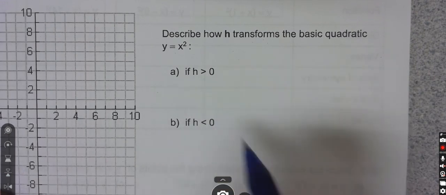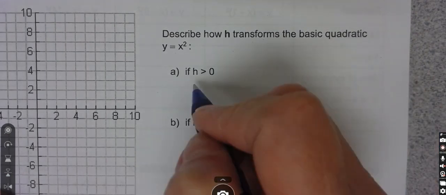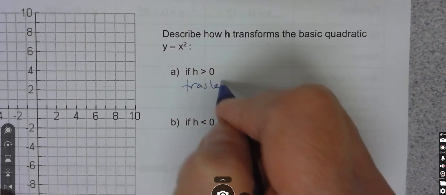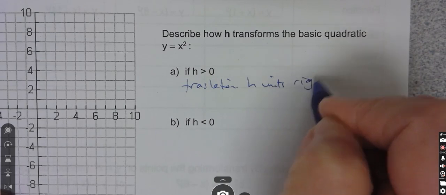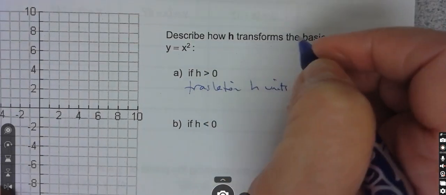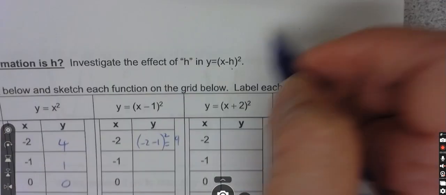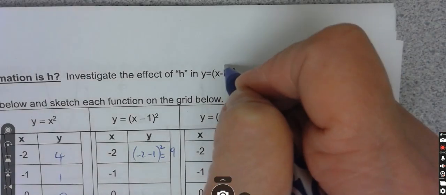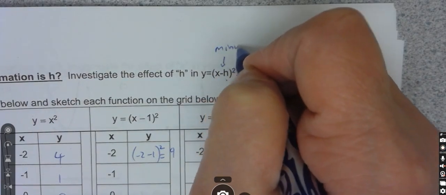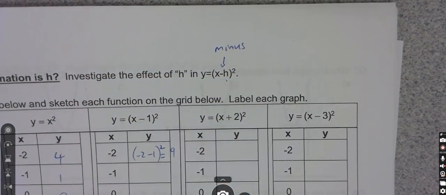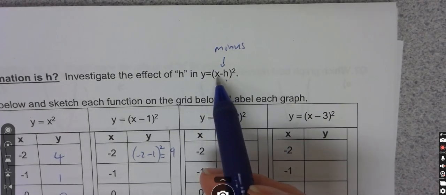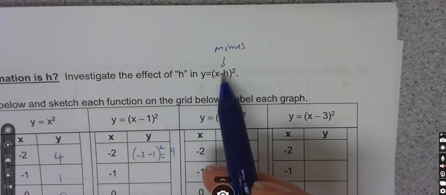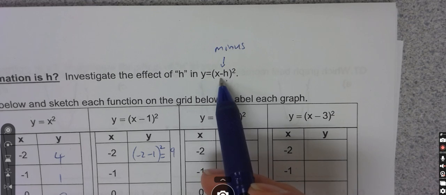If the h is positive, then it's translation h units right. And you will see it as this x minus h. You will see this minus. There's always a minus there if the h is positive. If the h is a negative number, then it'll be x minus a negative number, which really will look like a plus.